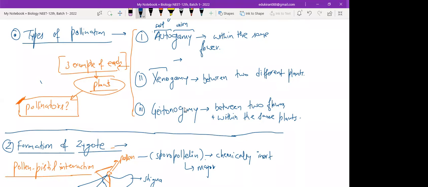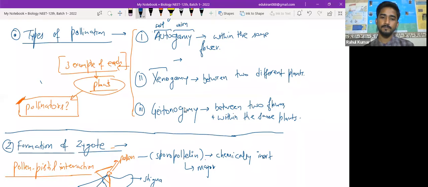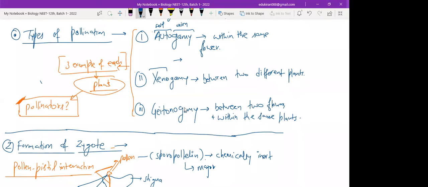Xenogamy is when the pollen grain of one plant is transferred to the stigma of another plant, which is cross-pollination between two different plants. Then we have geitonogamy, which is cross-pollination in one plant, from pollen grain of one flower to the stigma of another flower in the same plant.